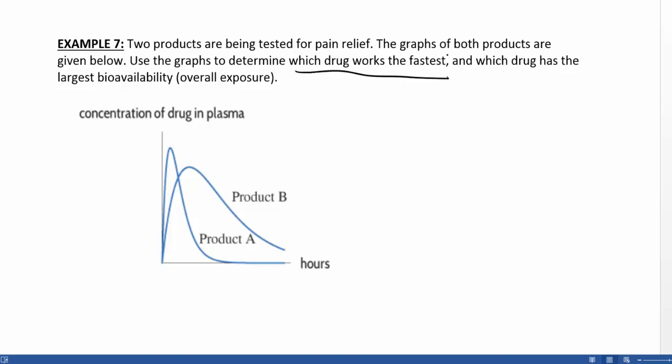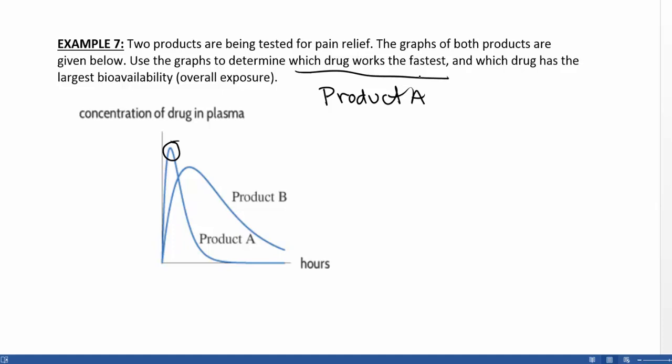Which one is absorbed the most rapidly? Which one peaks first and hits its maximum concentration, because that one's going to be working the fastest. So for this part, we can see that product A reaches its maximum before product B, which means it's working faster and being metabolized faster. So product A is going to work the fastest.